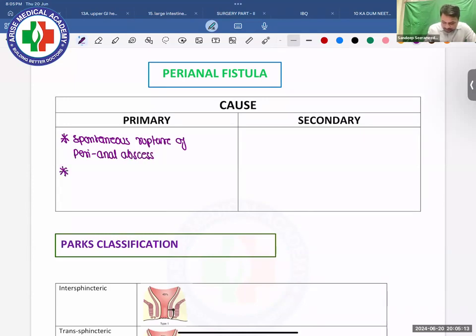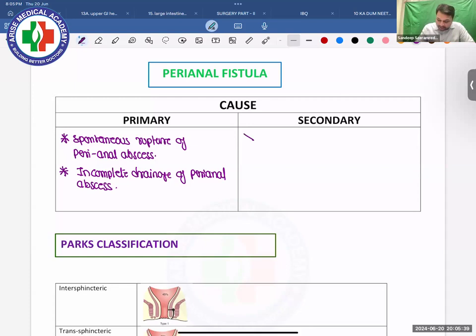The second is inadequate, or I can say incomplete, drainage of perianal abscess, right?